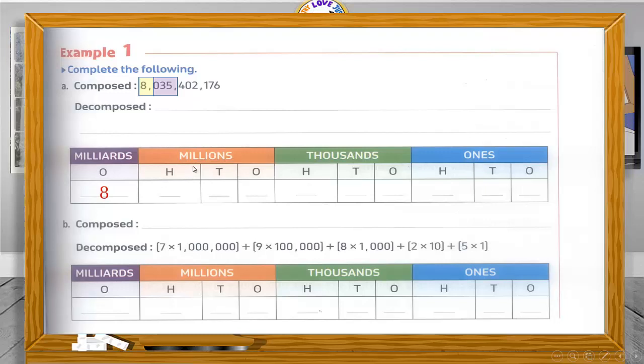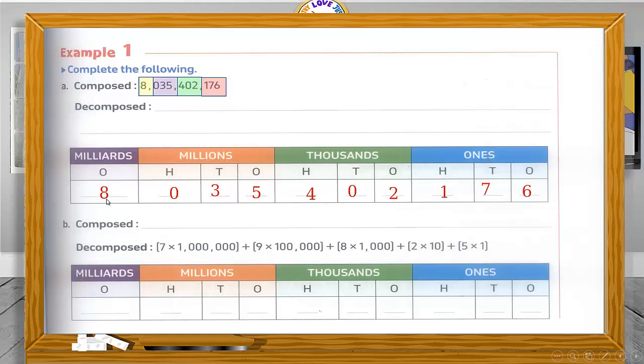In the second period, the millions, we have 3 digits: 0 in hundreds, 3 in tens, 5 in ones. The next period is 402: 4 in hundreds, 0 in tens, 2 in ones. The last period is 176: 1 in hundreds, 7 in tens, 6 in ones.